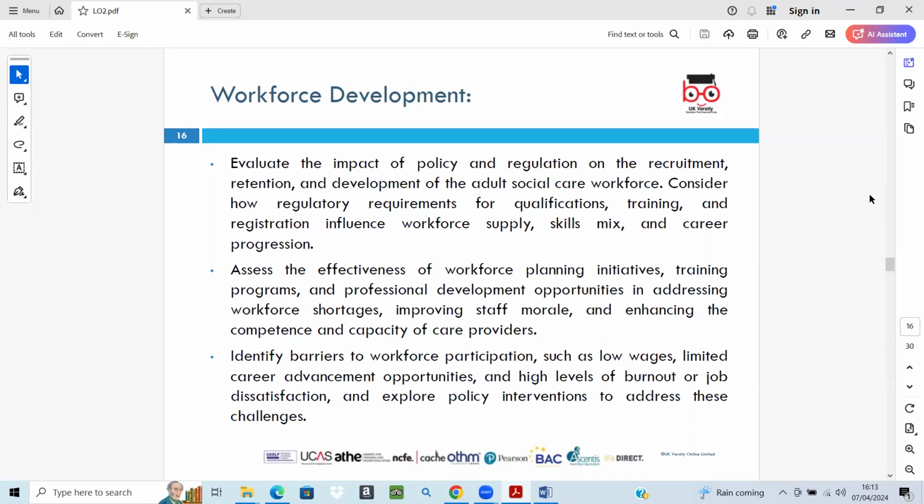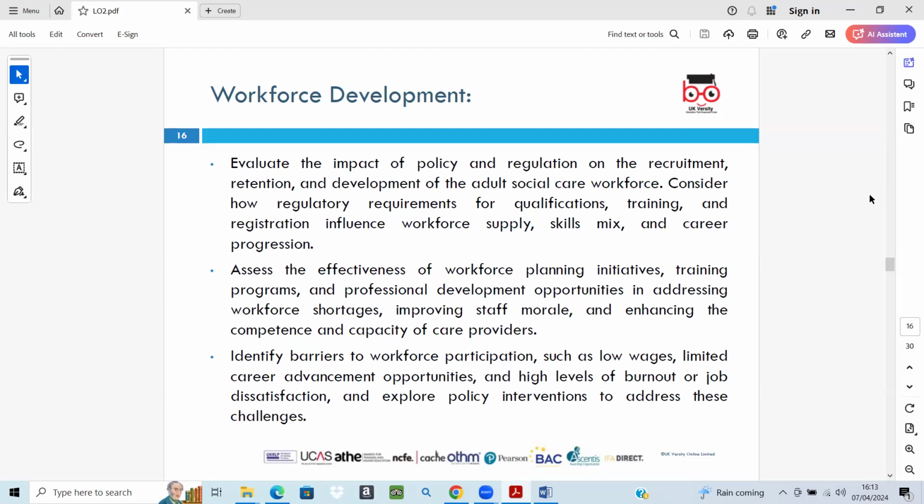So now the government is giving funds to eligible people to do courses related to the health and social care industry. And there could be barriers to workforce participation. What are those barriers?